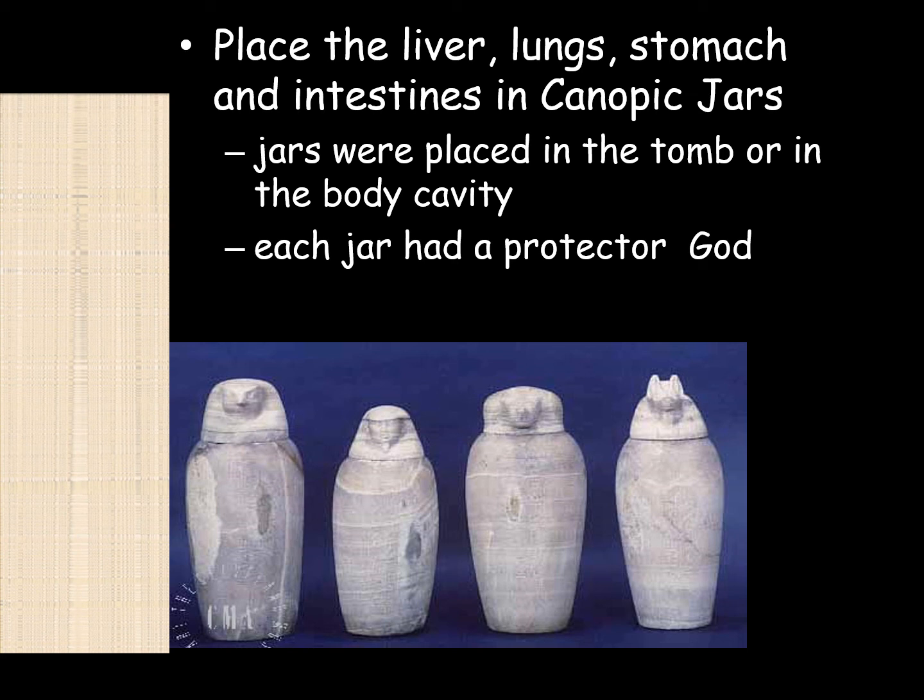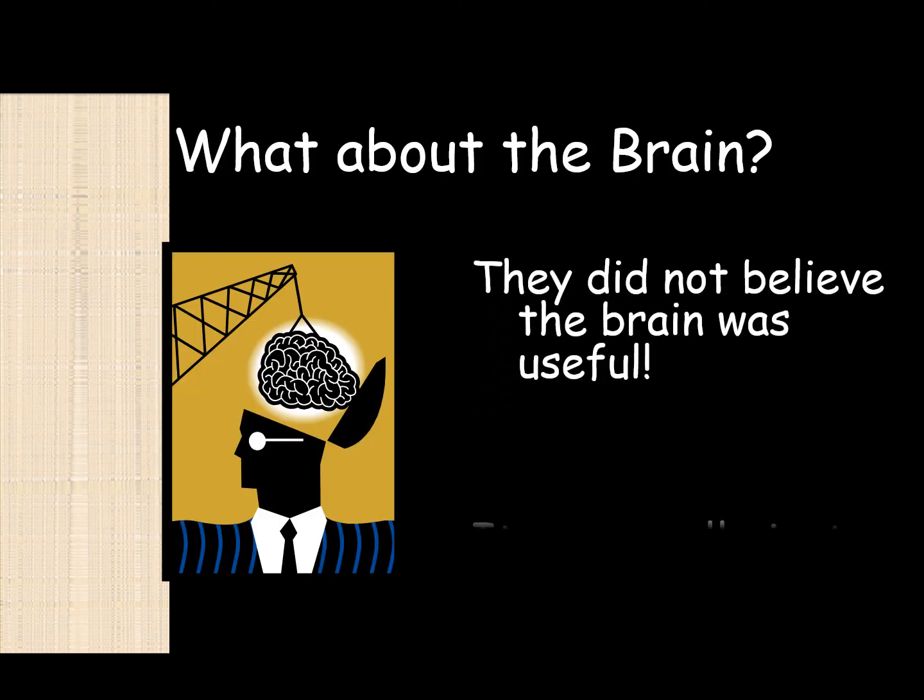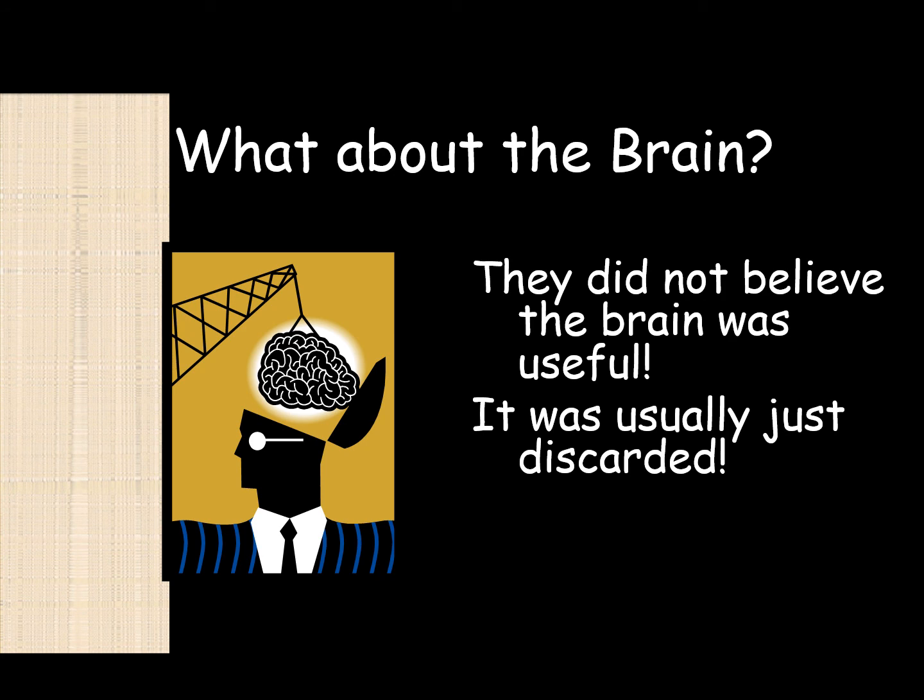You could see the heads on each of the jars. We mentioned in the last slide, they took the liver, the lungs, the stomach and the intestines and put those in the jars and either put them in the tomb or in the cavity of the mummy. So the question is then, what about the brain?